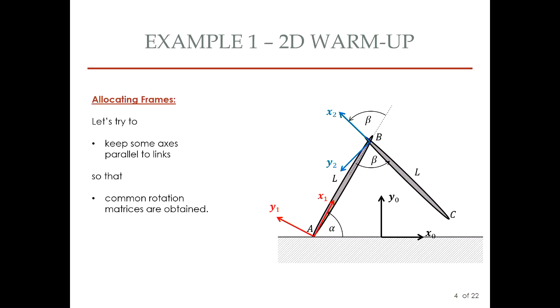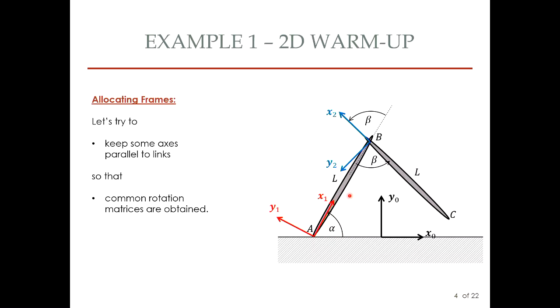Now I am giving you some rules of thumb on how to attach such coordinate systems yourselves. Tip number 1 is to try to have one axis going along a link.